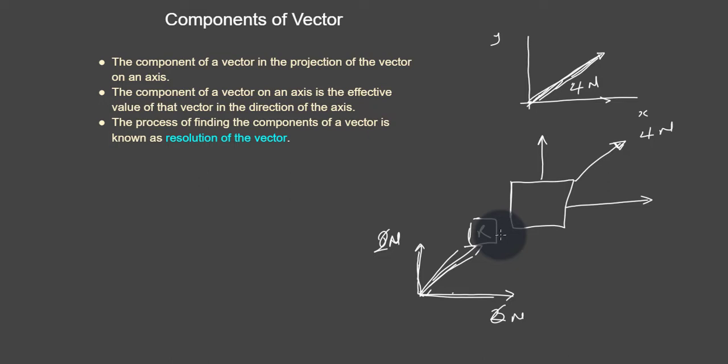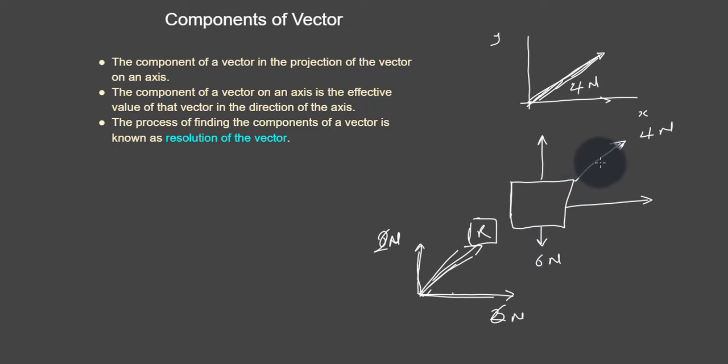Now the question in your mind is, why do we need to break a vector into components? Does it really matter? Yeah, it does matter, because if, for example, this object weighs 6 Newton, you may want to know if this force will lift this object.